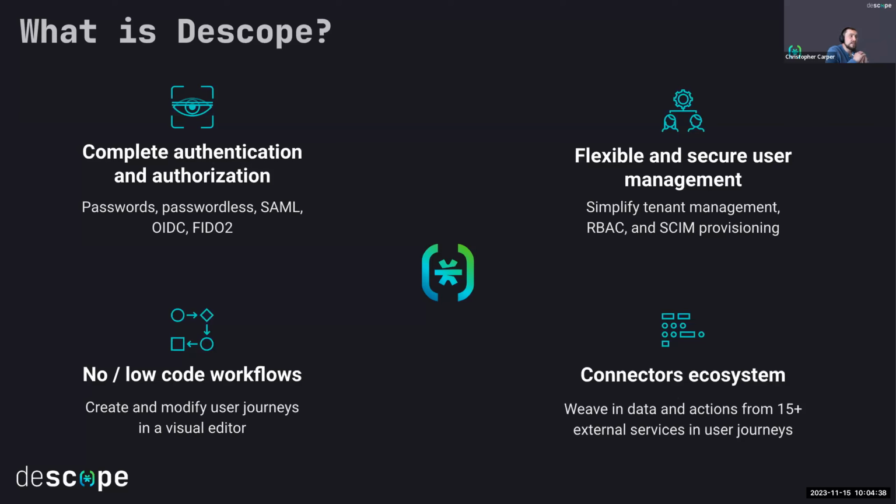Our bread and butter is the no to low code workflows. That essentially is the ability to step through the process of creating a Descope flow and embedding it within your application rather quickly. Then we also have the connector ecosystem, which is continuing to grow.